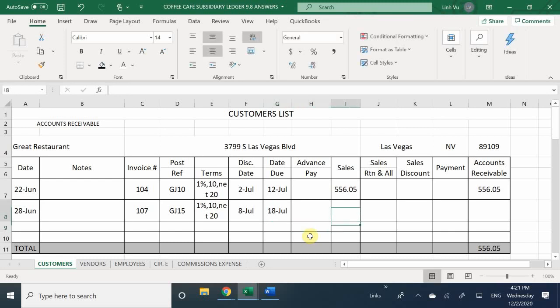Good. And so the invoice amount is the 585.87. And that makes them have a total due of $1,141.92. Okay. Good.